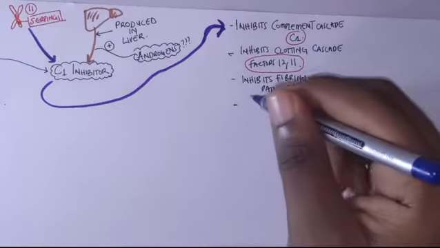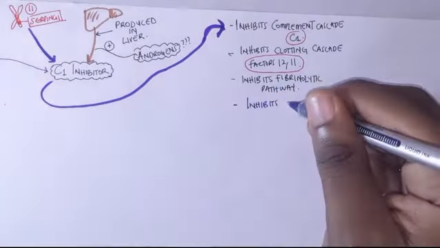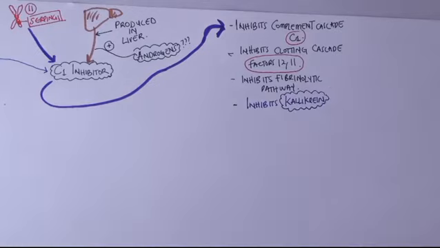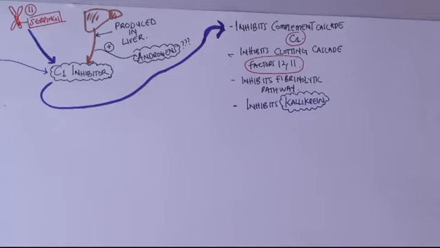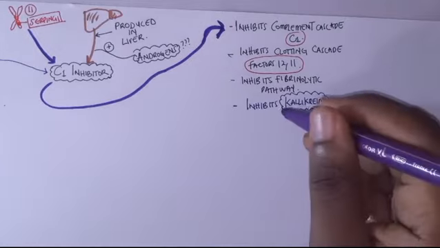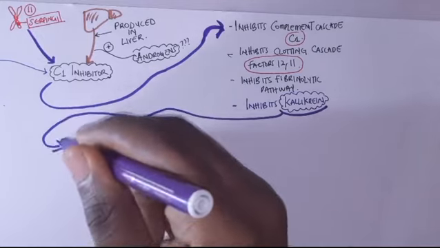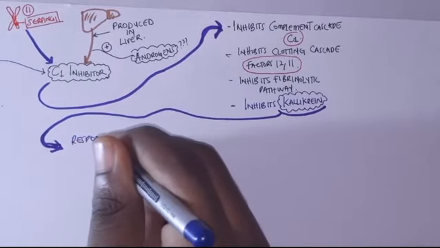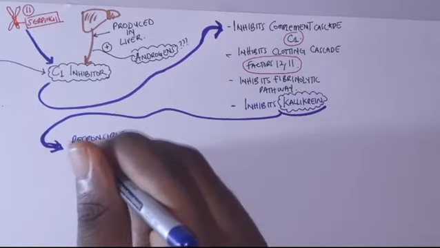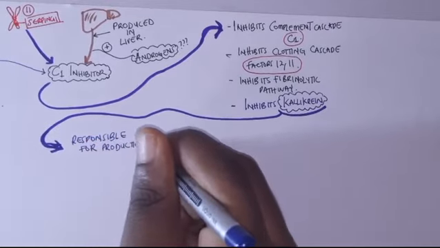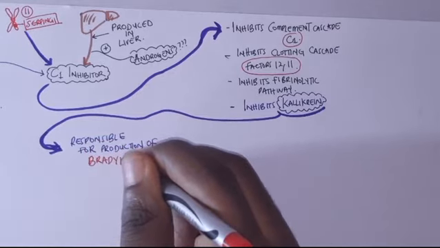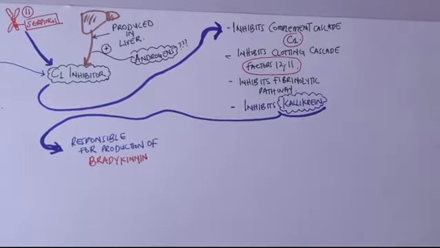Now, the one that is of particular importance to us is that it inhibits the kallikrein system. This kallikrein system is very, very important and it's implicated in the pathogenesis of the angioedema seen when we have C1 inhibitor deficiency. This kallikrein system is ultimately responsible for the production of bradykinin. And as you may know already, bradykinin is responsible for a lot of things, and of particular importance is increasing capillary permeability.